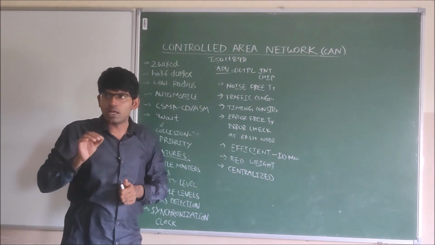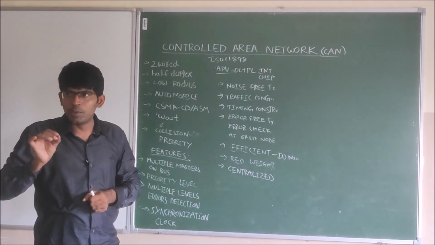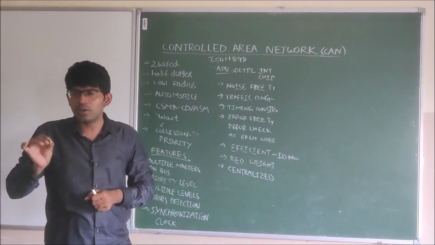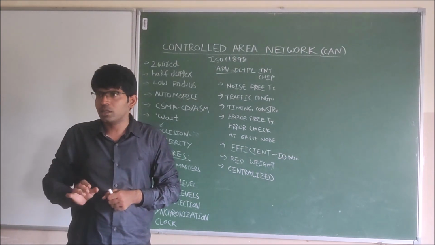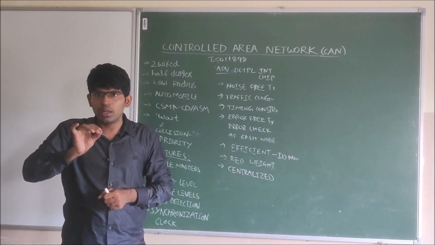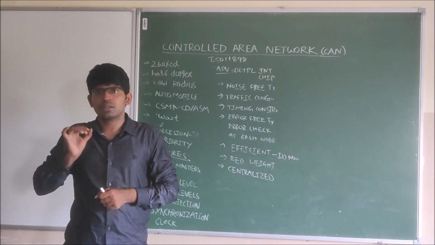Here the communication is happening serially, and the communication speed is very high compared to all the protocols we have discussed, but this will happen only in the low radius.